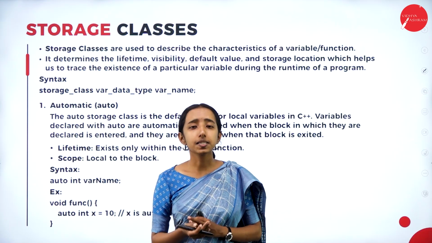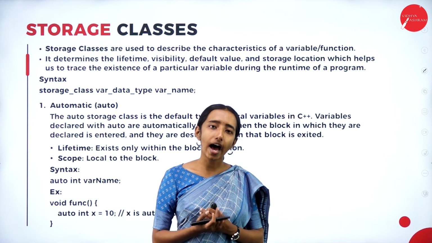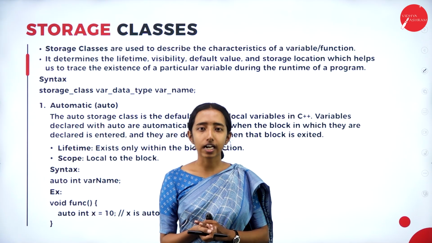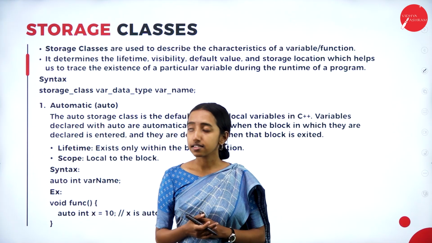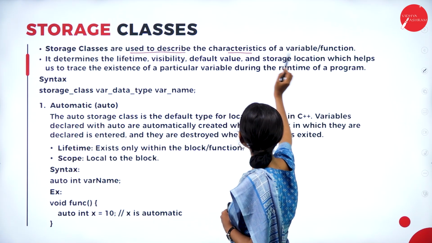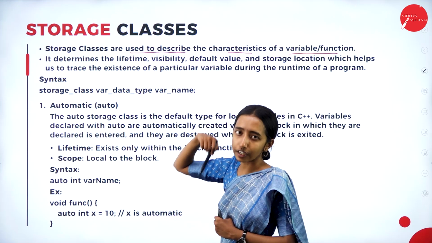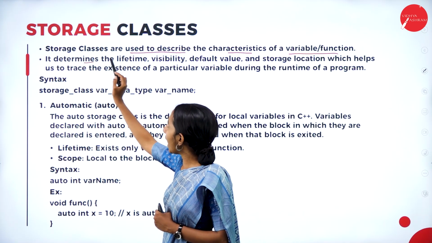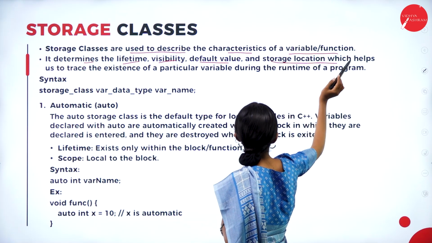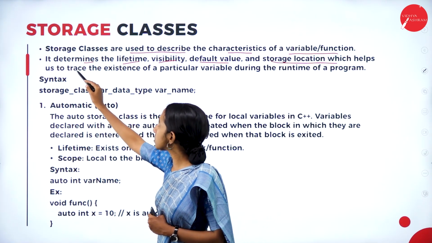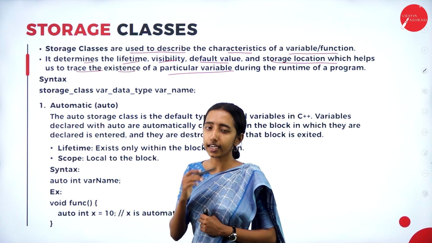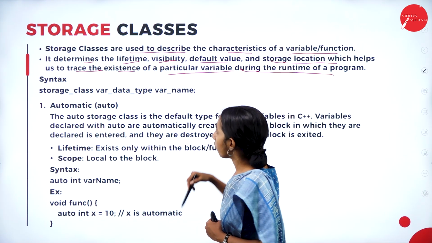Next, the last part of unit 1, we have storage classes. What is a storage class and where do we use it? Let us see. Storage classes are used to describe the characteristics of a variable or a function. They determine the lifetime, visibility, default value and storage location, which are used to trace the existence of a particular variable during the runtime of a program.